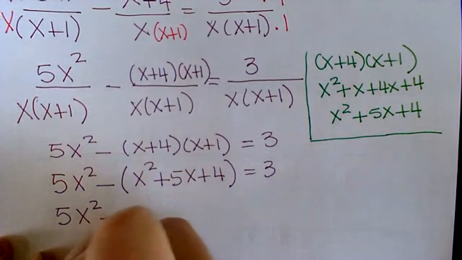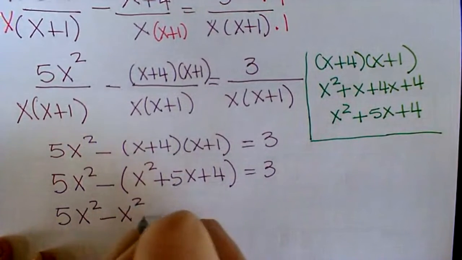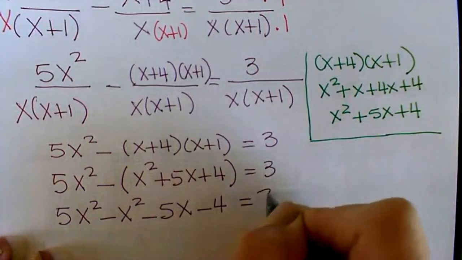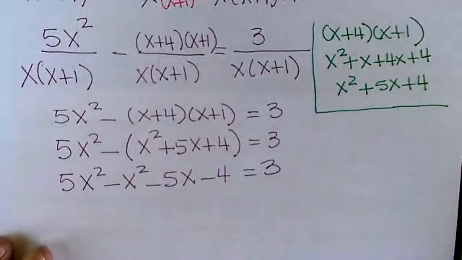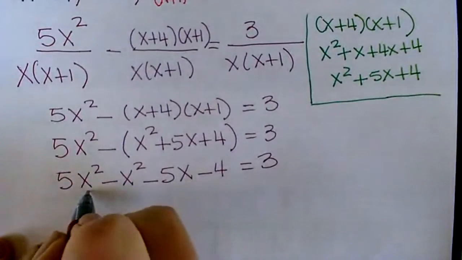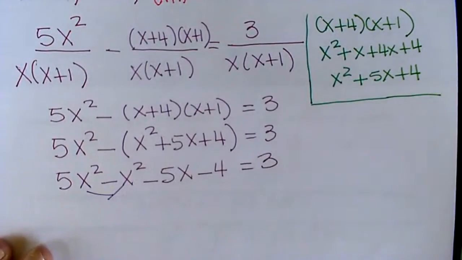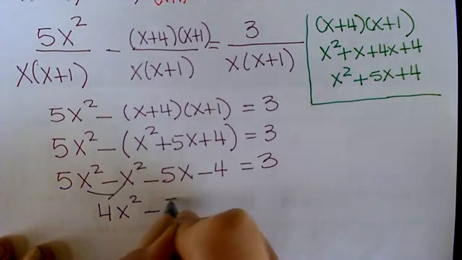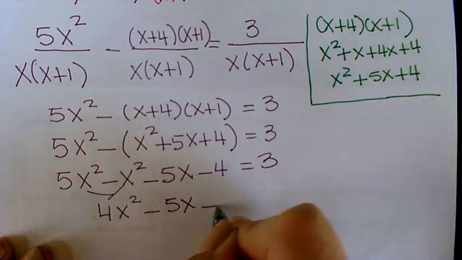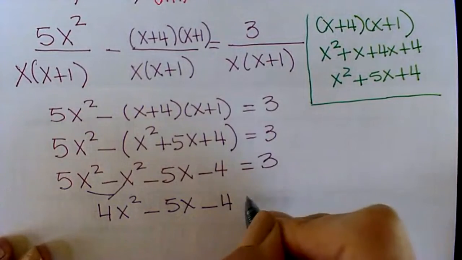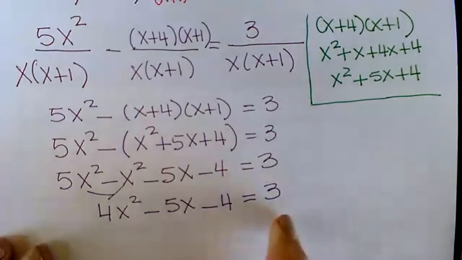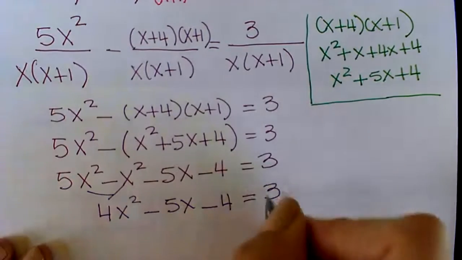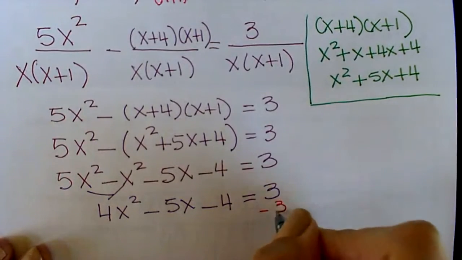So if this one was positive, now it's going to be negative. Now it's going to be negative and negative. So let's combine like terms. 5 minus 1 is 4x squared minus 5x minus 4 is equal to 3. What do we need to do? Move this guy to the other side.